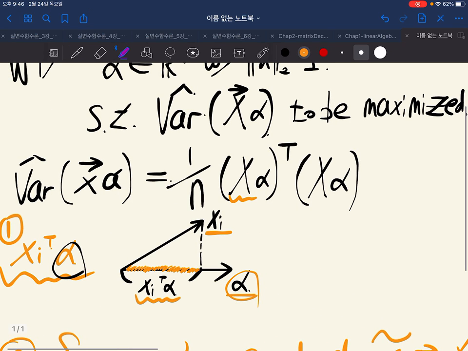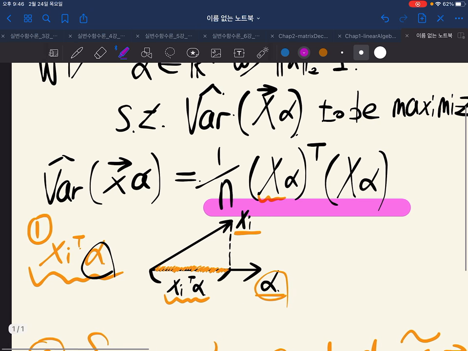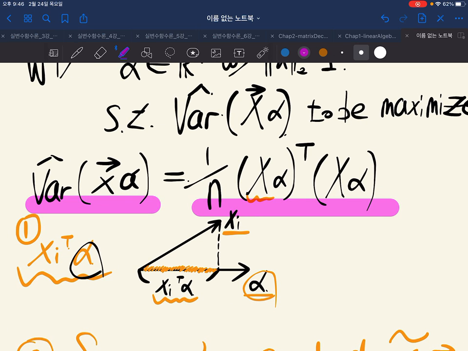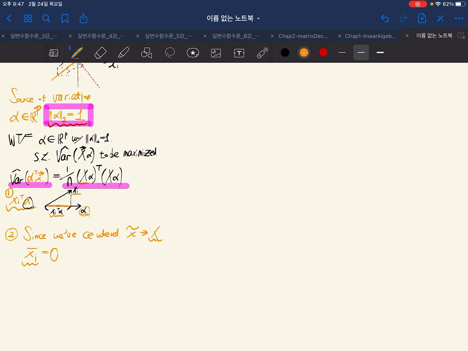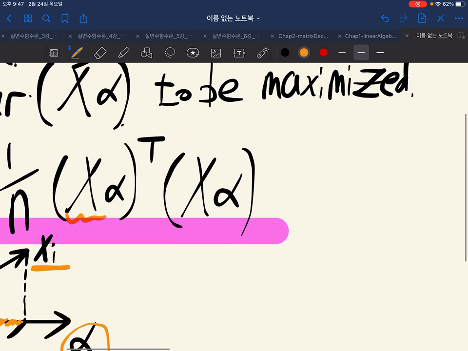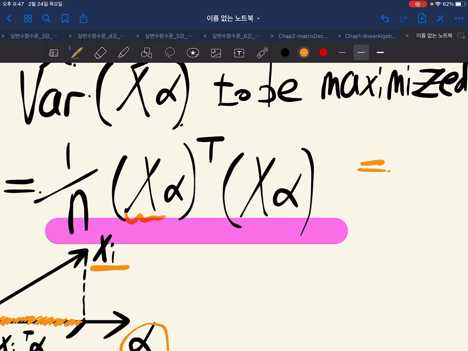So this term can be understood as the variance, I'm sorry, since this is a vector, this is a variance of the alpha transpose x, and this can be re-expressed in terms of like this.